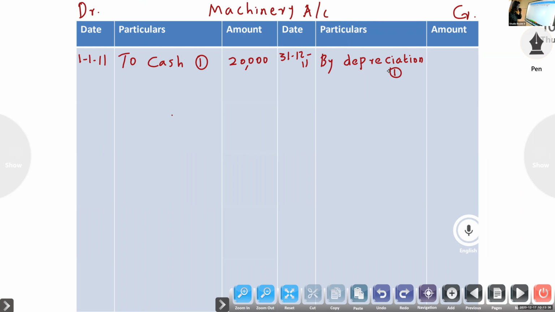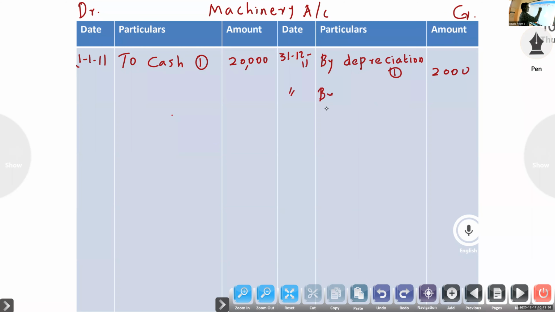So here we purchased machinery for rupees 20,000. Percentage is 10%. Date of purchase is 1st January, so we used it the full year. So the amount will be 2,000. How 2,000? 20,000 into 10 by 100.